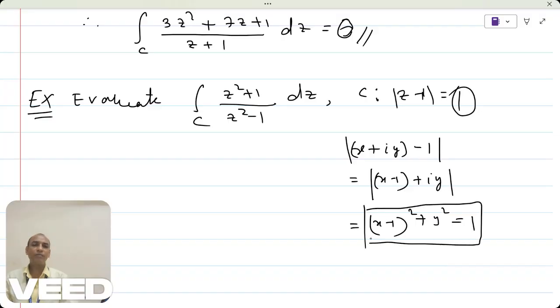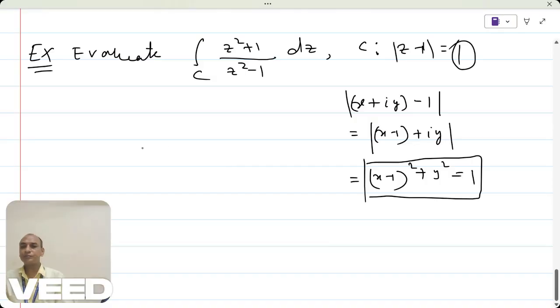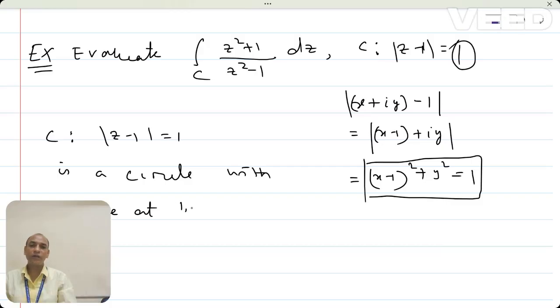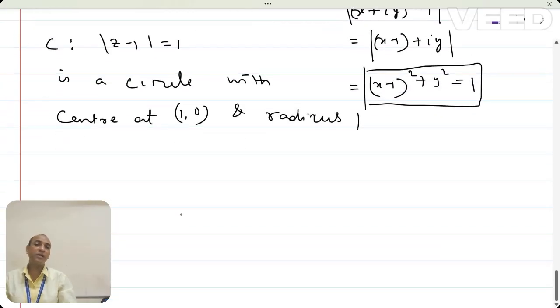The equation |z minus 1| equal to 1 is a circle with center at (1, 0) and radius 1. So let us sketch the circle.